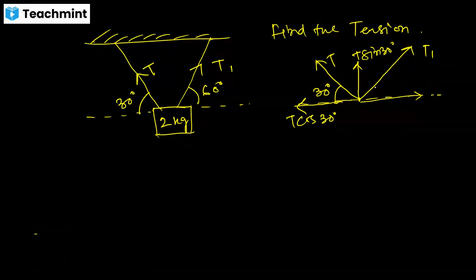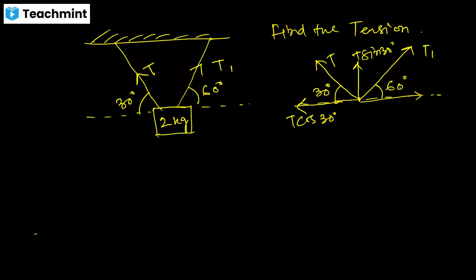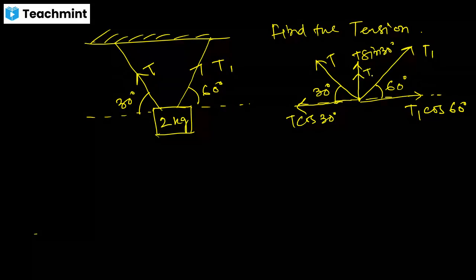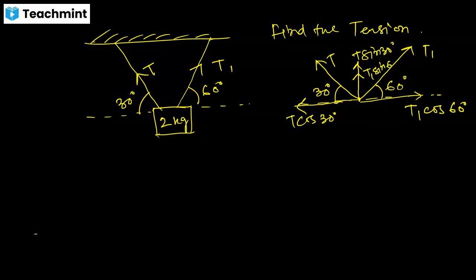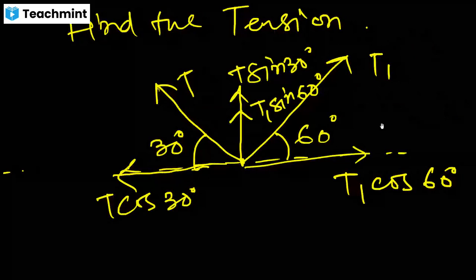So this is T1, and there is an inclination angle of 60°. With respect to the base, which component will work? Obviously T1 cos 60. And with respect to the perpendicular, which component will work? Obviously T1 sin 60. I am zooming the figure. Now just see the diagram.